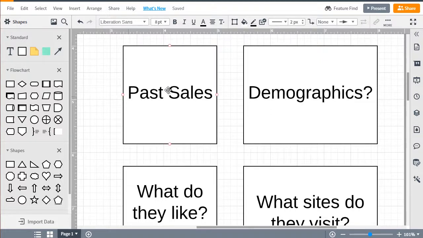Now, if you don't have any past sales, then you're going to need to get an idea of this. You can create the demographic data, and obviously you can start testing. But you're not going to know 100%. All this is doing is simply giving you a first step. All right. So this is not set in stone. This is not going to be forever. So past sales is one thing.